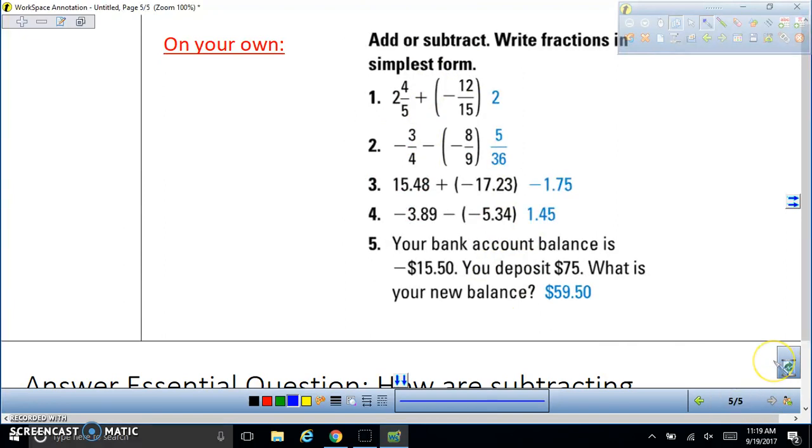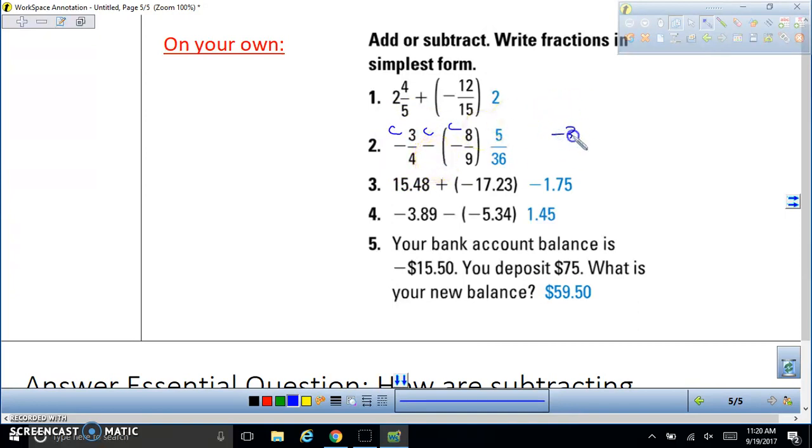All right, checking your work. Thank you for pausing it and checking your work. I appreciate it. You should have changed 2 4/5 into an improper fraction, and then you should have kept the bigger sign, which is the positive ones. Okay, you had to change bases and everything. When you copy, change on this one, it turned into an addition problem.